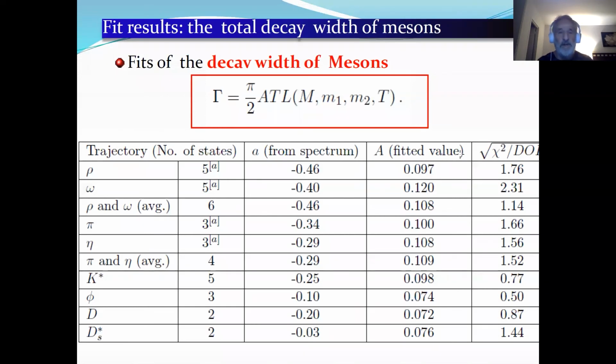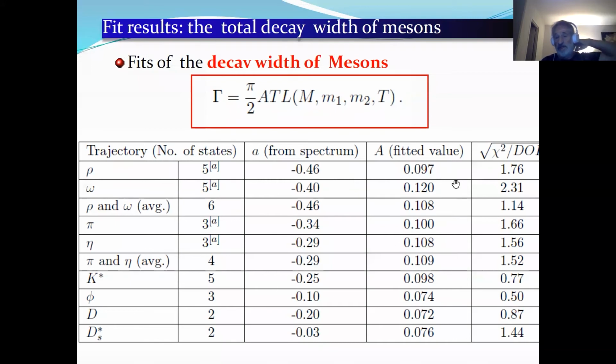Okay, so for the total width, we take the decay width of states in the rho trajectory, omega and pi, eta, and so on, and we computed this dimensionless quantity A, and you see that it comes out to be roughly 0.1.